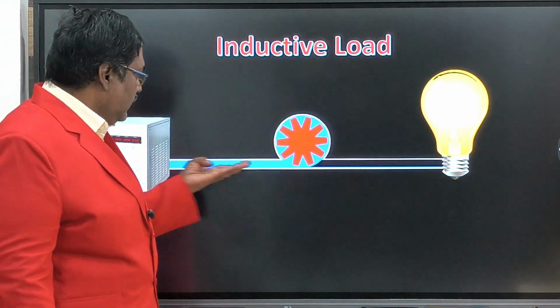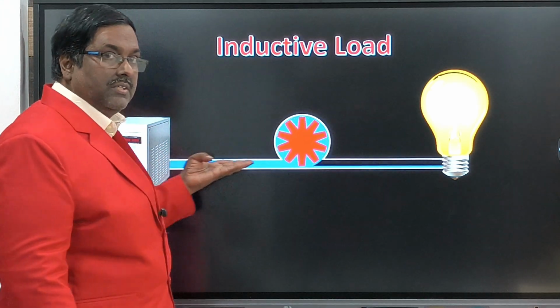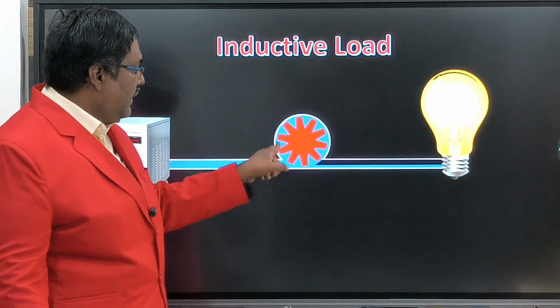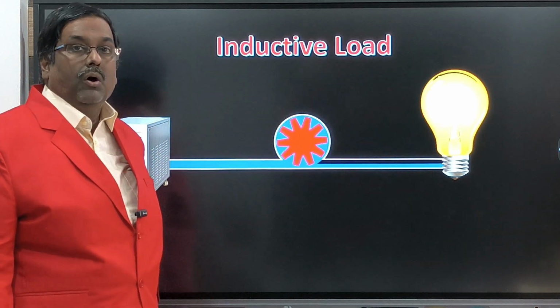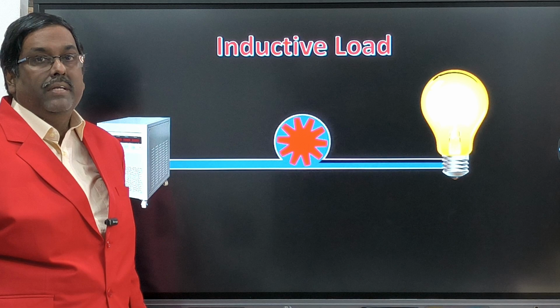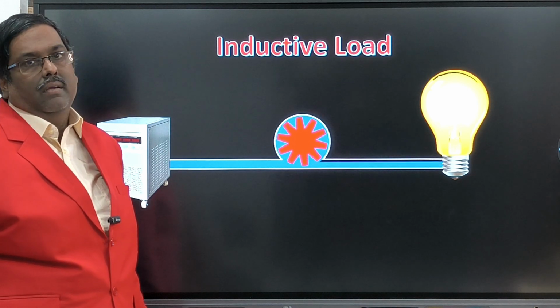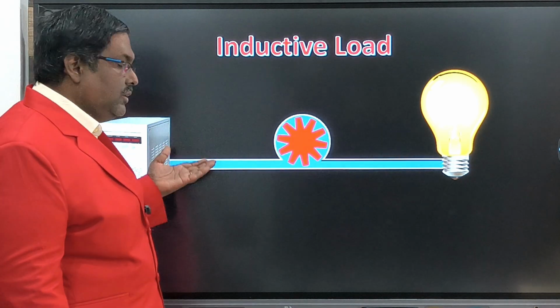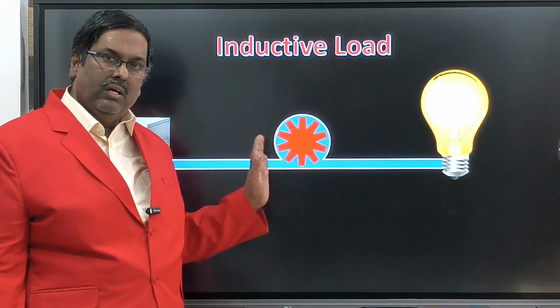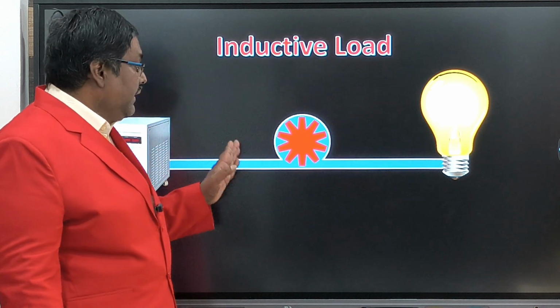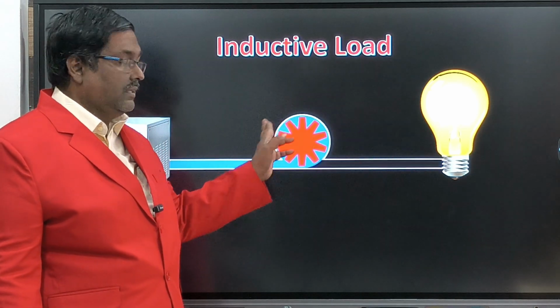If it is AC, the current goes forward and reverse, forward and reverse, which is why it turns in different directions. But there is always a delay. The delay is in the current movement, not the voltage movement. You give the voltage at the proper time and we are not changing it, but the current is delayed because of this reason.